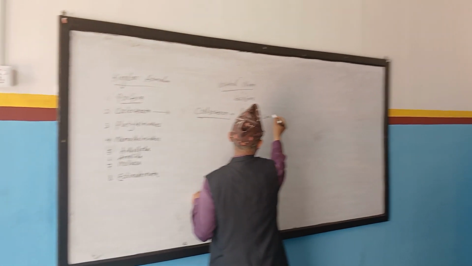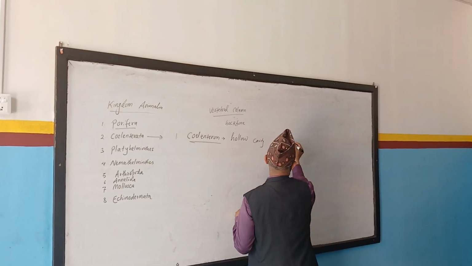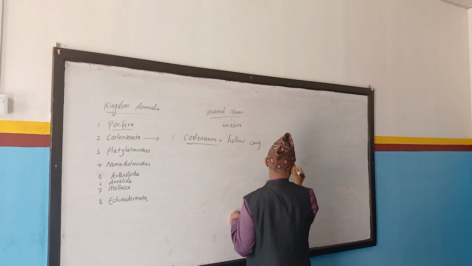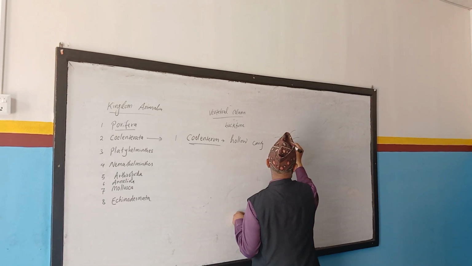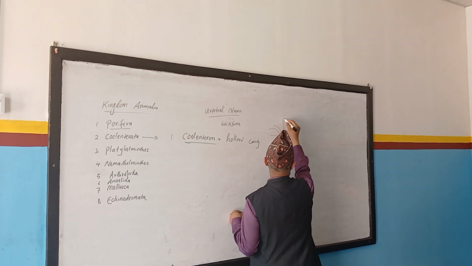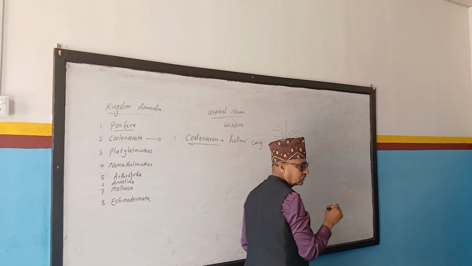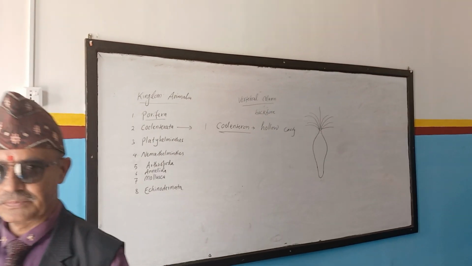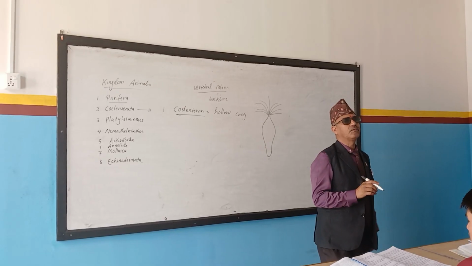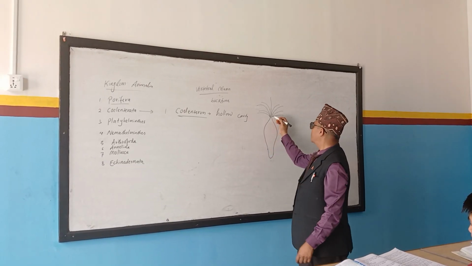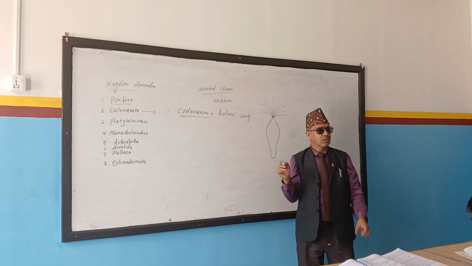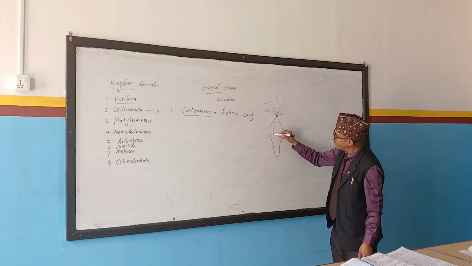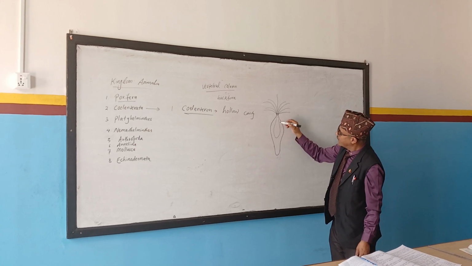Hollow cavity. Suppose if this is the organism, let's say this is Hydra. So Hydra contains these thread-like structures. They are called tentacles. So this is the mouth, this is the opening. And from here, if you go inside, here is one small cavity.